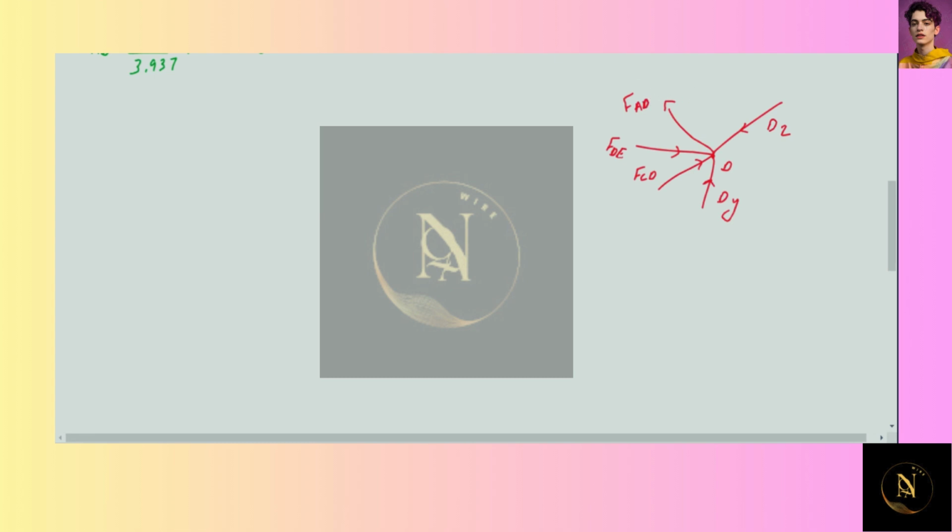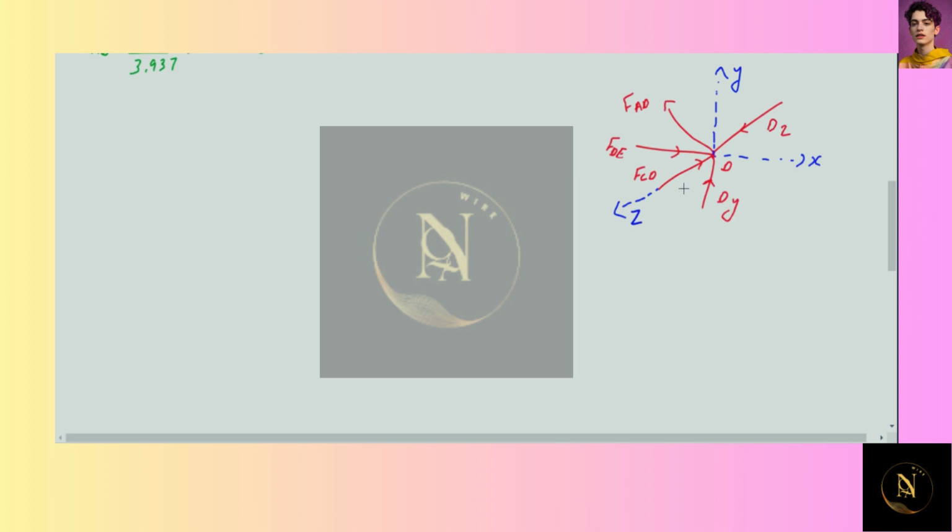Let's draw the axis. This is the x-axis, perpendicular to this will be y, and perpendicular to both of these will be the z-axis.